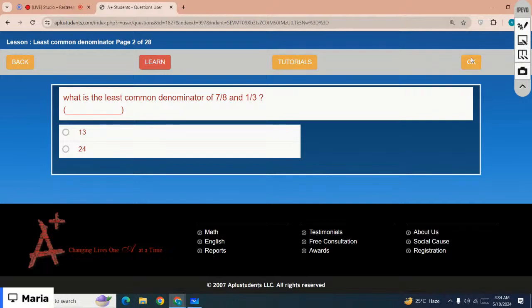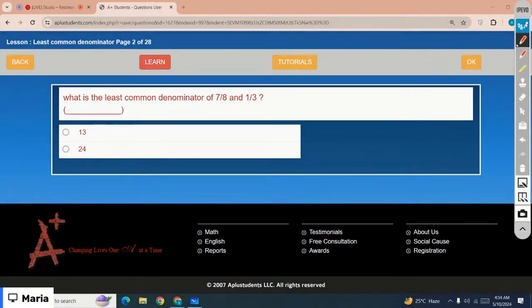What is the least common denominator of 7 over 8 and 1 over 3? You have to write down the multiples of 8 and 3, right?